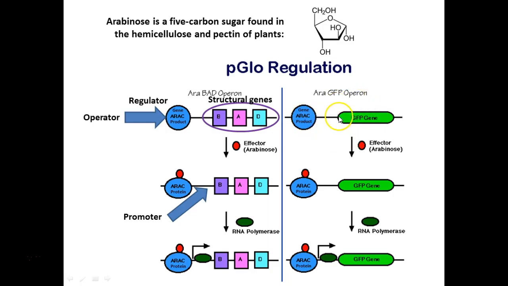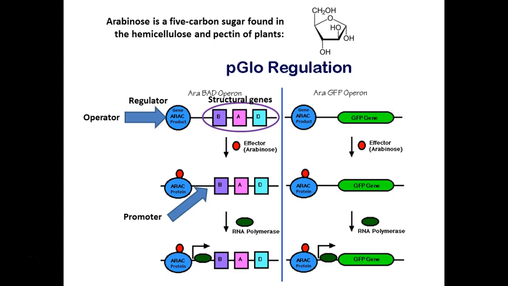The promoter site and the operator site where this is binding. We used all the regulatory functions of the arabinose operon, but instead of it having to make the enzymes to digest arabinose, we switched it out for green fluorescent protein. Does that make sense to you guys?